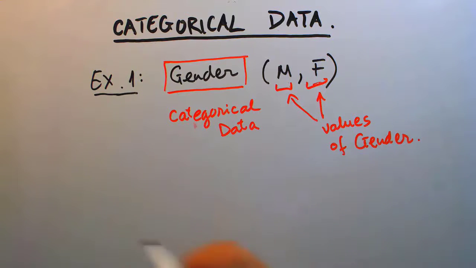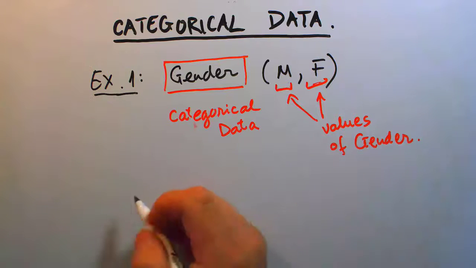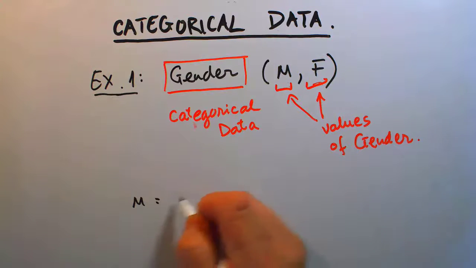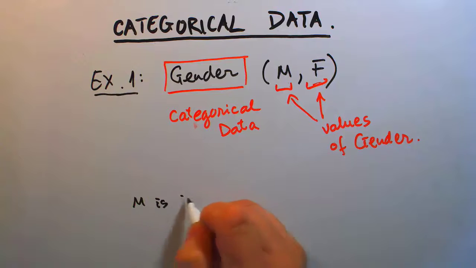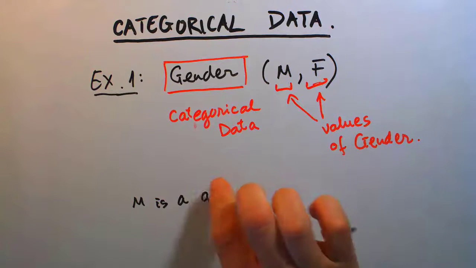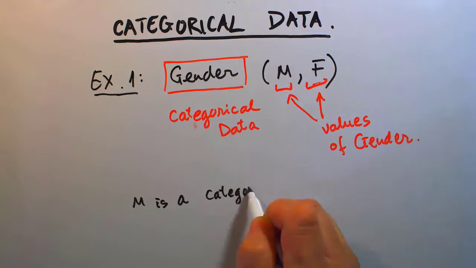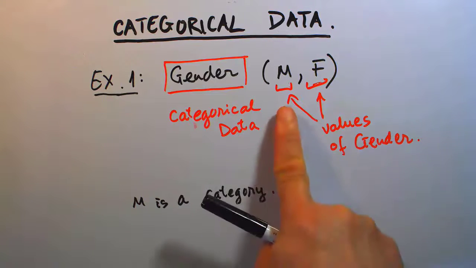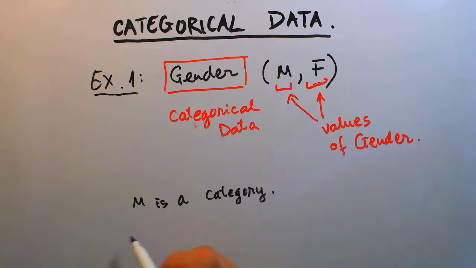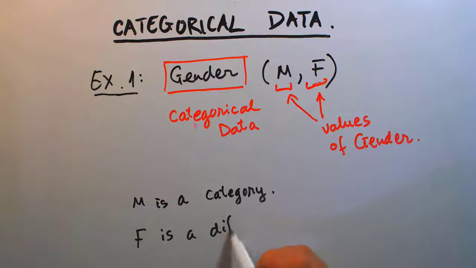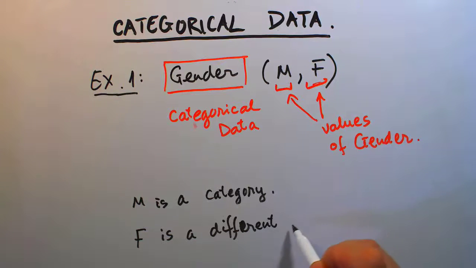Simply because each value here, being a male, is a category. And besides being a male among the gender, being a female is a different category.